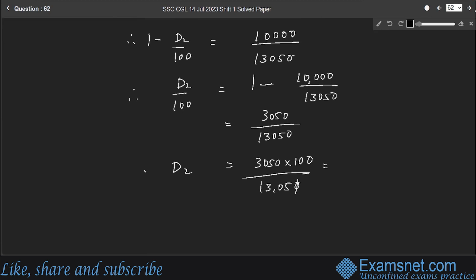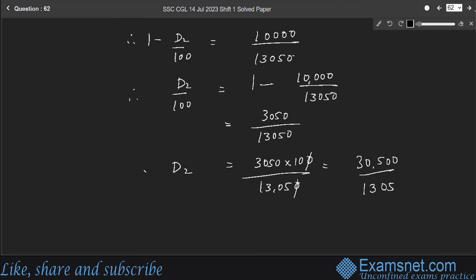Simplify it, we can cancel a 0 here. So 30,500 by 1,305. So simplify it, 30,500 divided by 1,305.